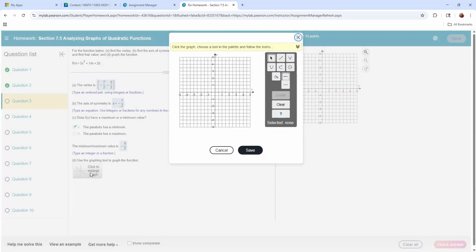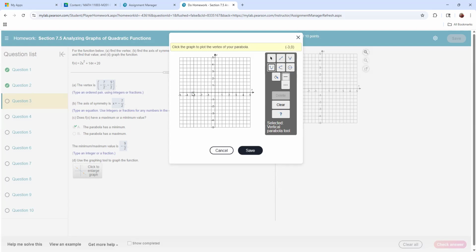Now remember, the first point I've got to plot is that vertex. You see these graphs are separated in halves. So if you want to figure out what a decimal value of negative 7 halves is, negative 7 halves would be negative 3.5. So I could go left to negative 3.5.